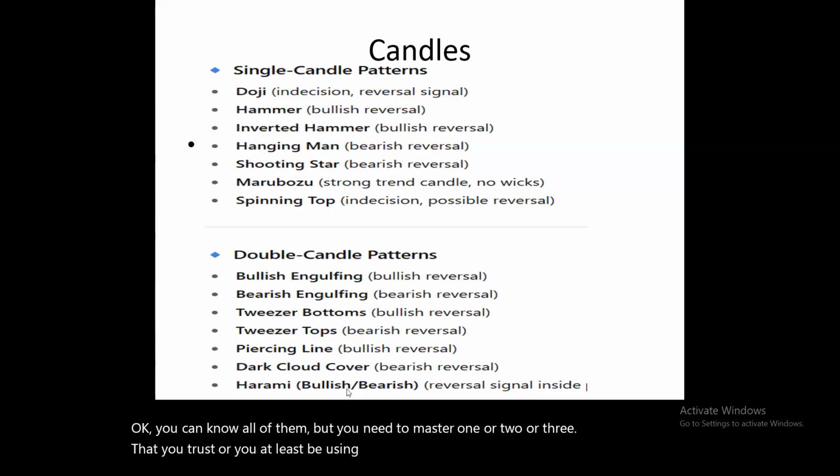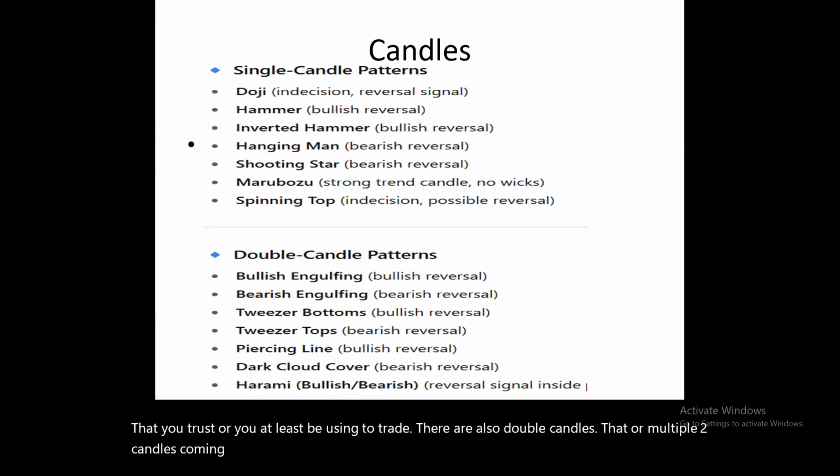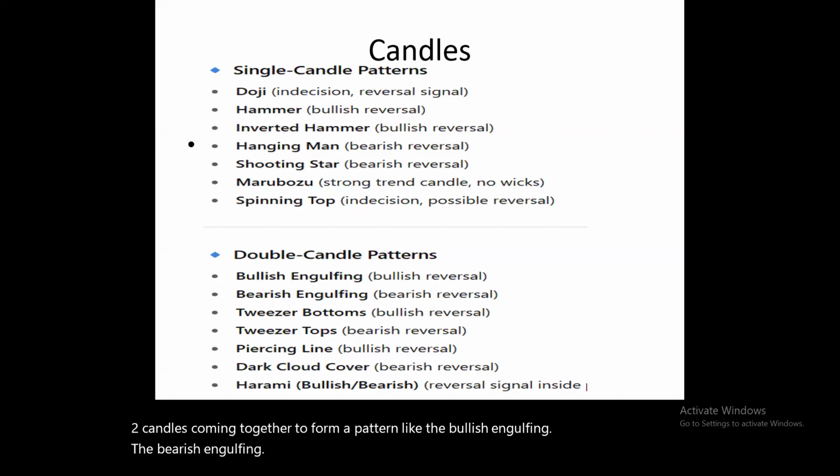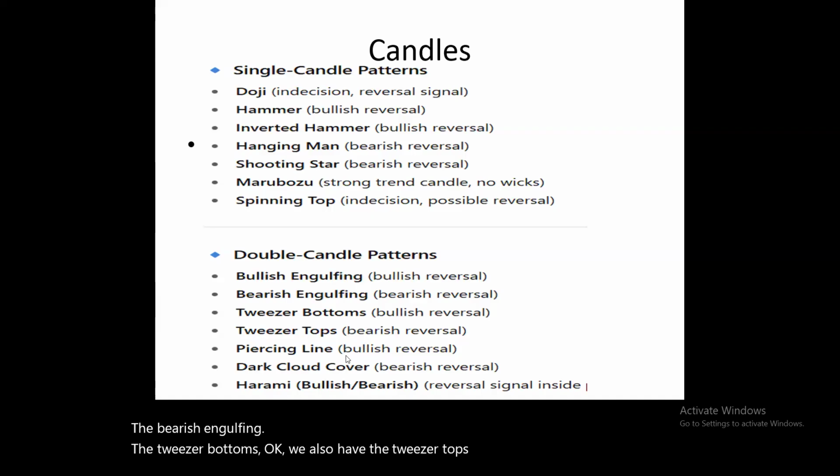There are also double candles, or multiple candles coming together to form a pattern, like the bullish engulfing, the bearish engulfing, the tweezer bottoms, the tweezer tops, the piercing line, dark cloud cover, and harami.